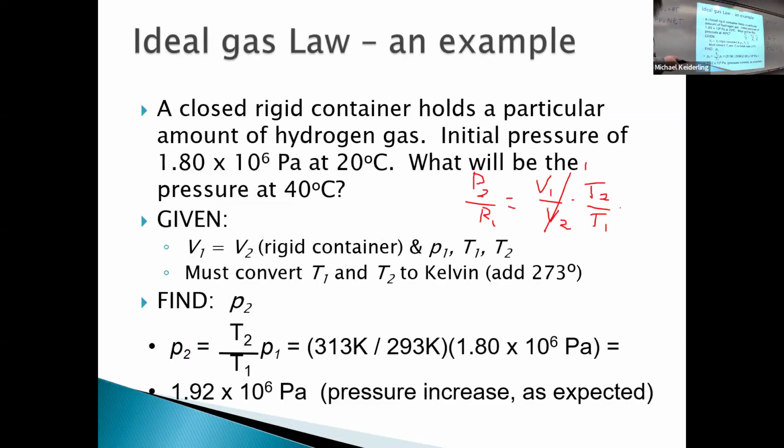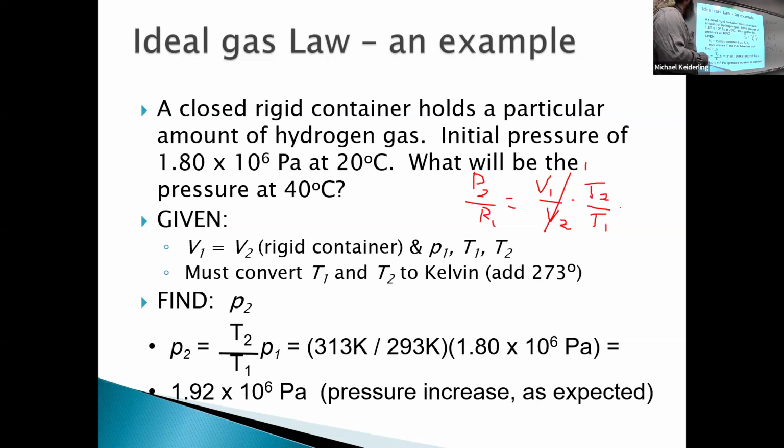Here's an example. If you have a closed rigid container, closed means N is fixed, rigid means volume is fixed. It holds a particular amount of hydrogen gas. The initial pressure is 1.8 times 10 to the 6 pascals at 20 degrees Celsius. What will the pressure be at 40 degrees Celsius?